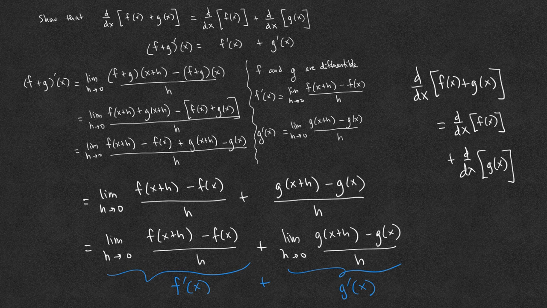The derivative of the sum is the sum of the derivatives. We can change this justification slightly from f plus g to f minus g, and we will come up with the derivative of the difference is the difference of the derivatives.